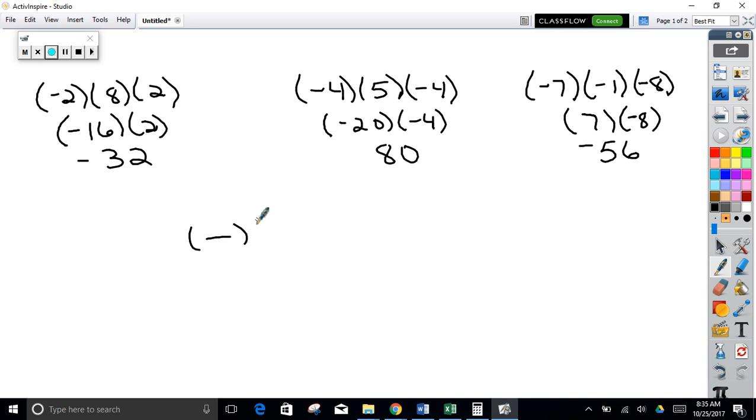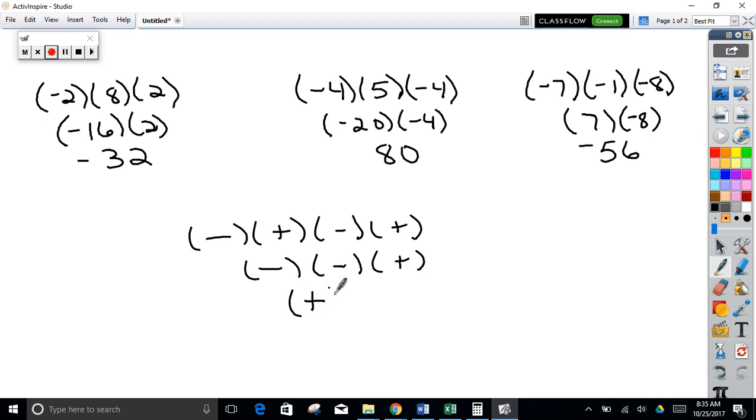Negative times positive times negative times positive. If I multiply the first, a negative times a positive, I'd get negative. So now I have negative times negative times positive. If I do negative times negative, I get positive. And positive times positive is positive. So that one should be positive.